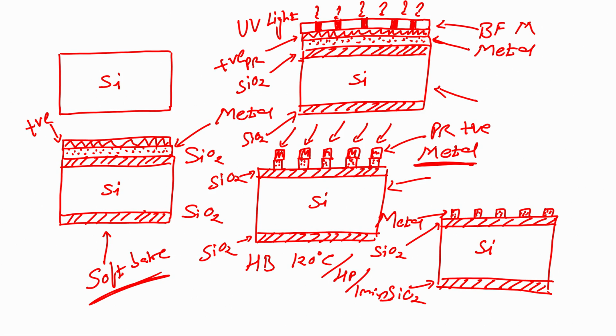Next step is, I will dip this wafer in acetone. Acetone is a stripper for positive and negative photoresist. So, acetone will strip off the photoresist, and what will I have?